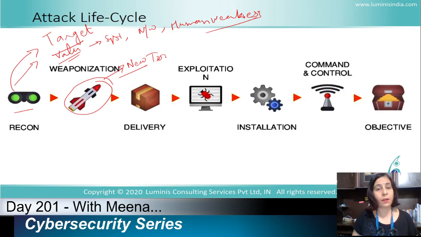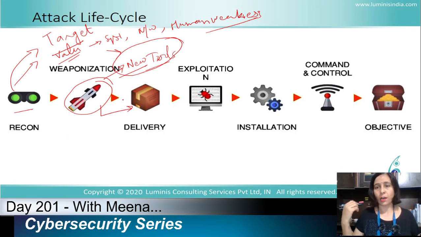Otherwise there are many tools and scripts they will use to perform the attack. Clear? So after deciding on the vulnerability and weaponizing a tool for it, the next step is that they are ready with their tool, their script, their malware.